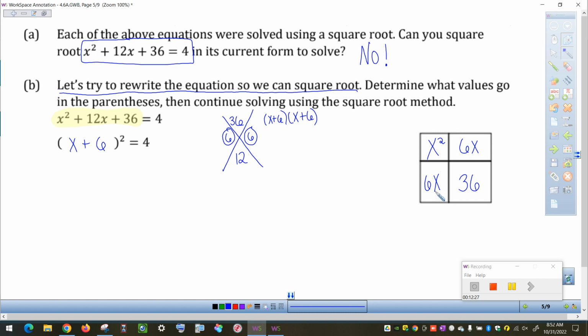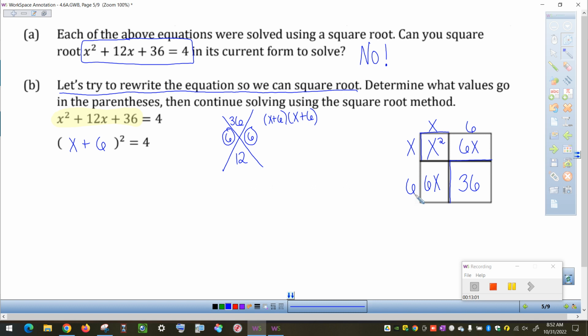So we're going to be filling in the squares, and then it's like the box method working backwards. So when we think about what was being multiplied together to make x squared, that would be a side length of x on the top, and another side length of x on the side. If we think about the 36 at the bottom, that would have to be a side length right here of 6, and another side length right there of 6. And notice how that also works to make the two little sections of 6x.